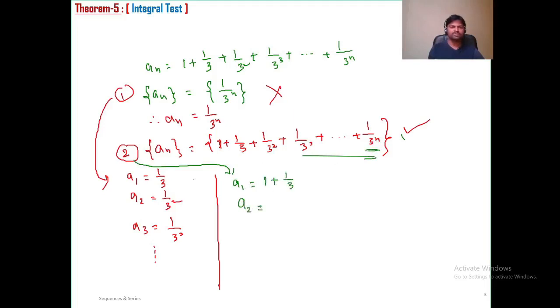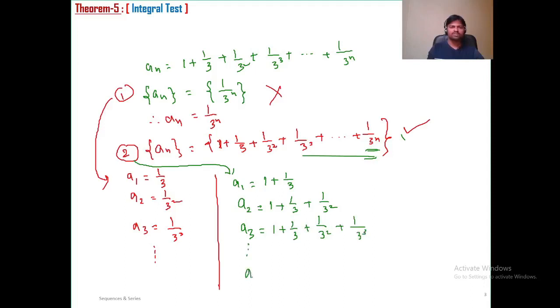a2, substitute n is 2 here. If you substitute n is 2 here, what will you get? Up to 1 by 3 square, you have to write 1 plus 1 by 3 plus 1 by 3 square, like this. So what is a3? Substitute n is 3, up to 1 by 3 power 3. So 1 plus 1 by 3 plus 1 by 3 square plus 1 by 3 power 3. Likewise.